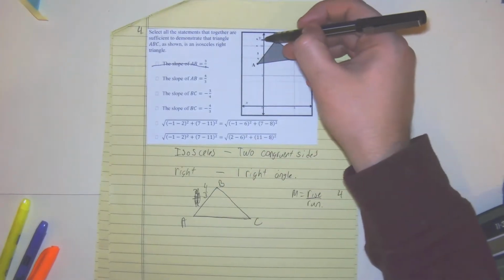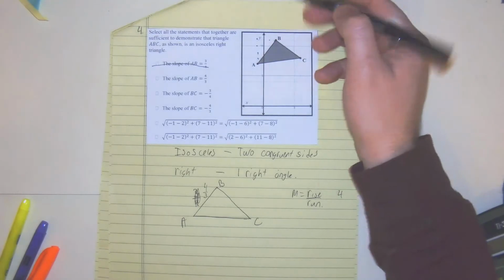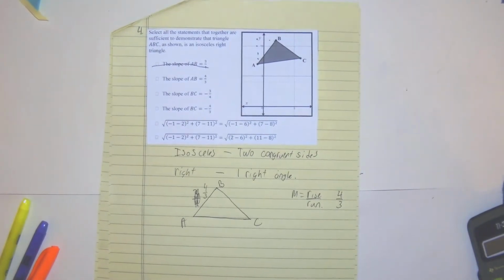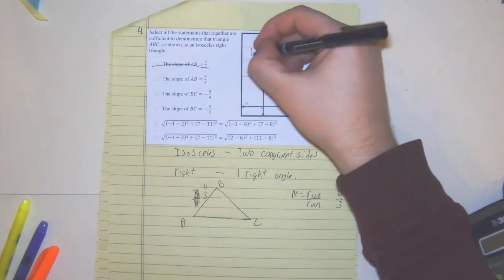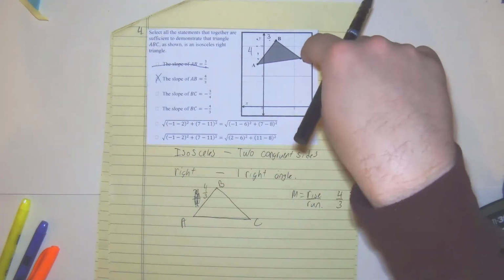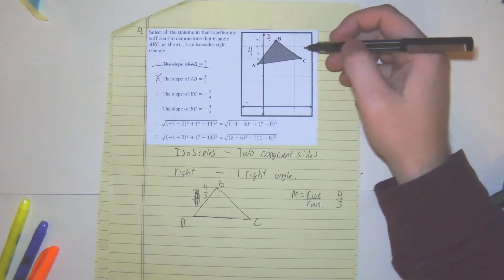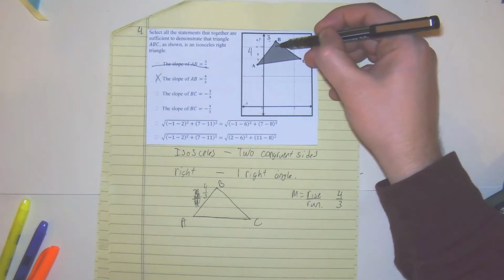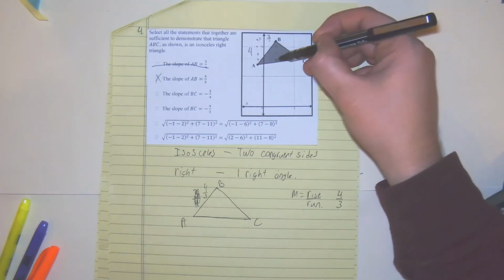Now let's just make sure. 0, 1, 2, 3. So we get 4 over 3. Okay, so a rise 4 over 3. Okay, so that's correct right there. BC. Let's do the slope from C to B, or we could do B to C. 0, 1, 2, 3.